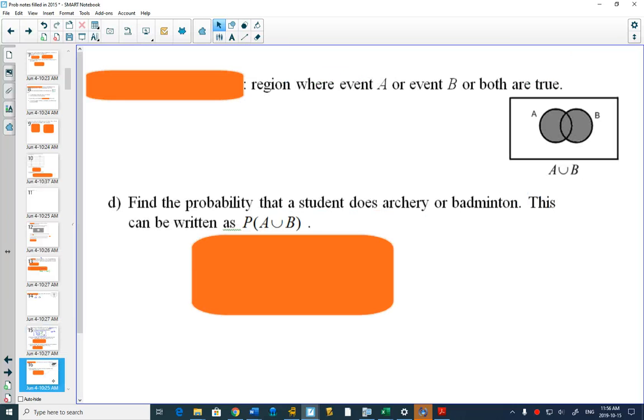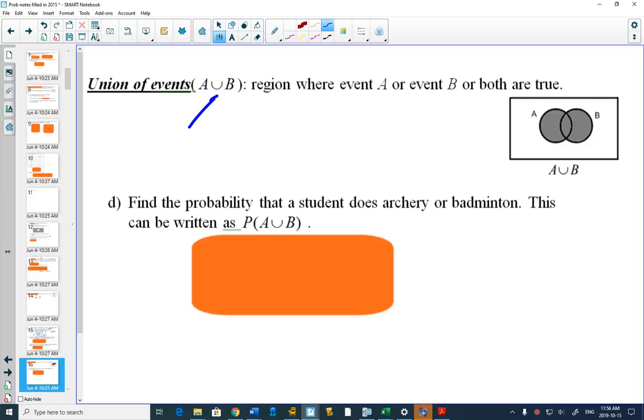The union of events. Now, this symbol means or.